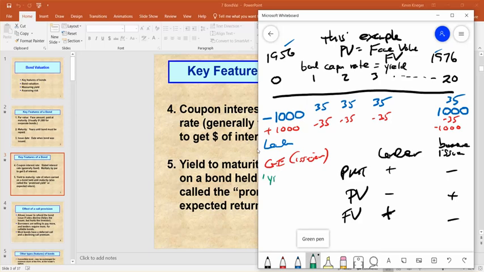The yield of a bond is the prevailing coupon rate of our peers. When I say our, I'm taking the corporation's perspective. It's the prevailing coupon rate of our peers, bonds of identical maturity.